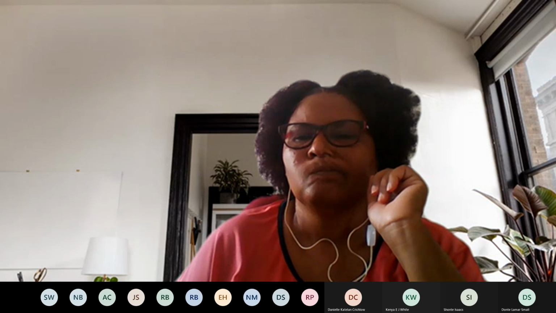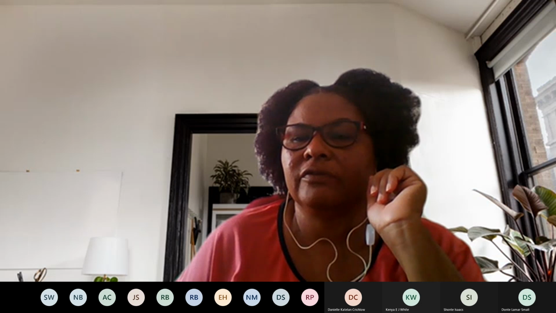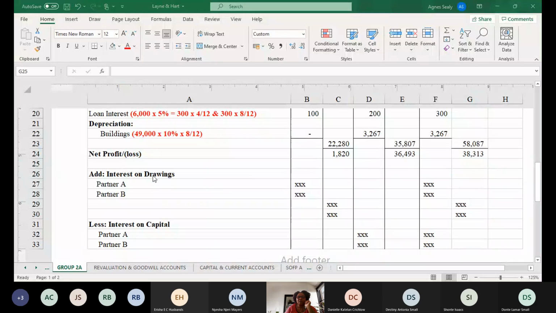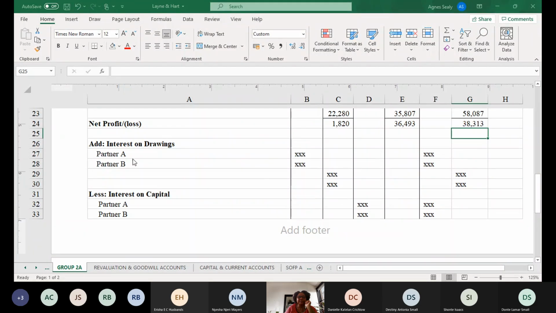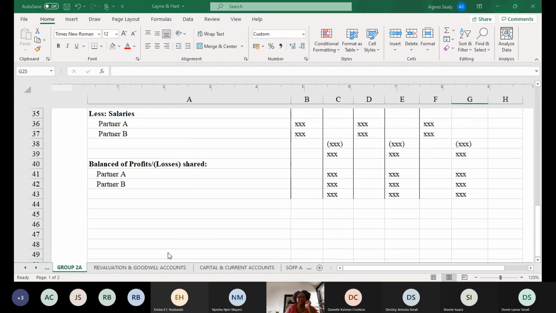So we are going straight into our Layne and Hart, and here, I'll share my screen. We would have looked at the income statement, but then we left off here at the statement of appropriation.